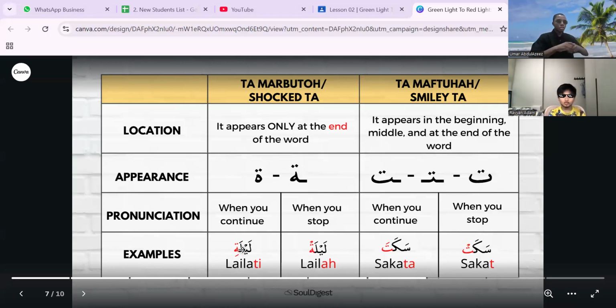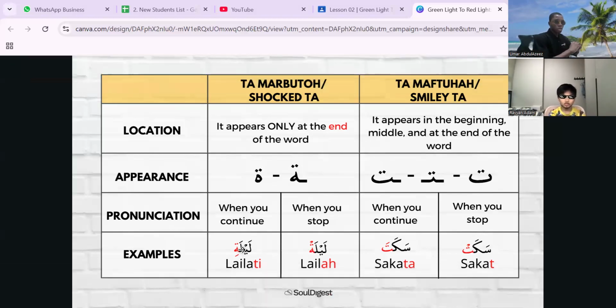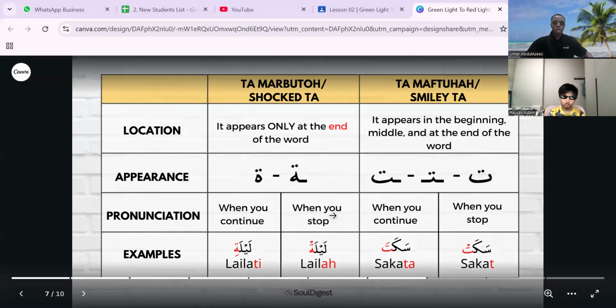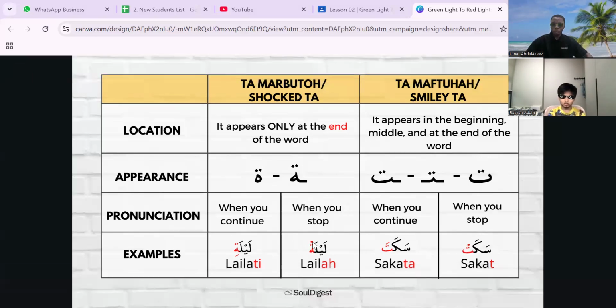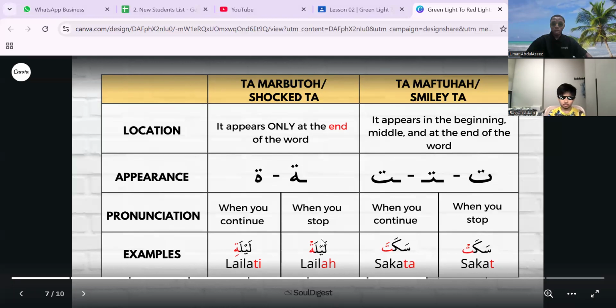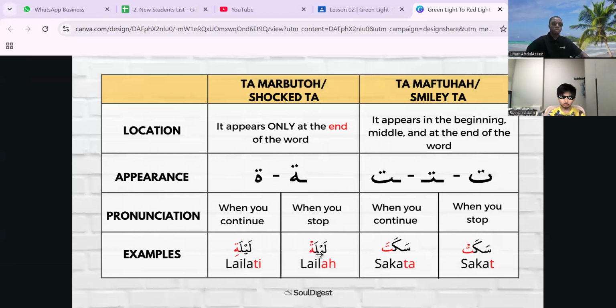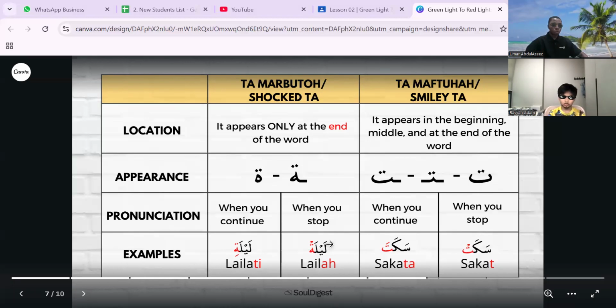This word is in Surah Al-Qadr in the Quran: Laylatil Qadr. But when we are stopping, look at this: Layla. This shows that we are stopping at the end. We do not pronounce it as Laylat. Is it Laylat? No, it is Layla.